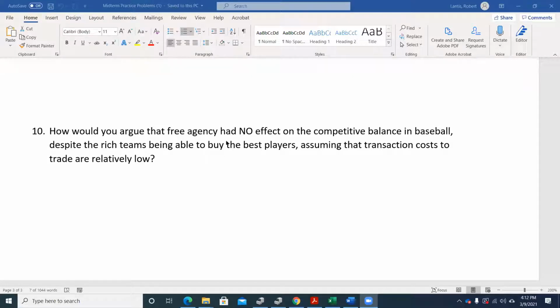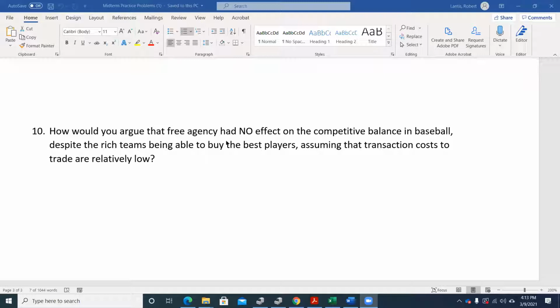This was the idea where we said, whoever values a resource the most, in this case, whoever values a player the most, no matter who starts out with the rights to that player, the team that values them the most will be willing to pay the most. Now, they may not be paying the player.